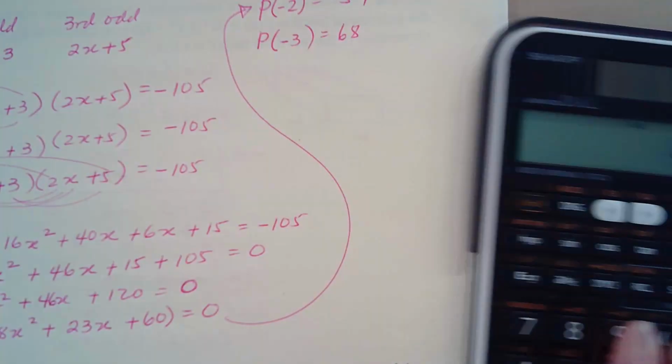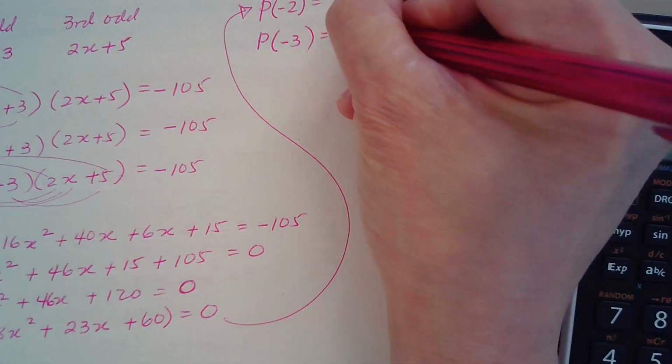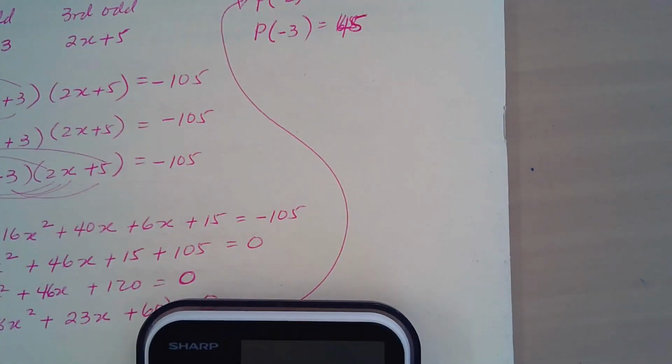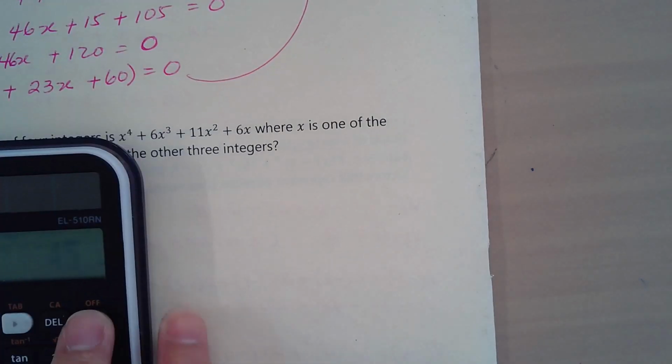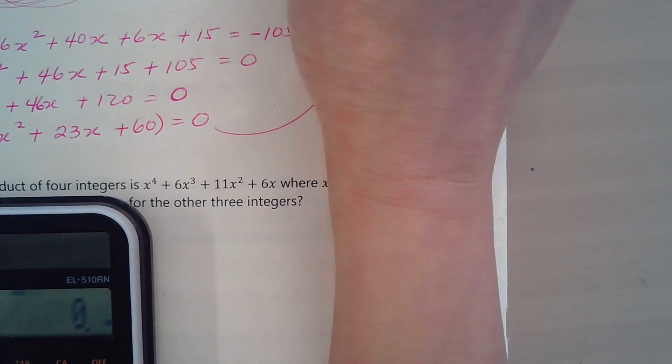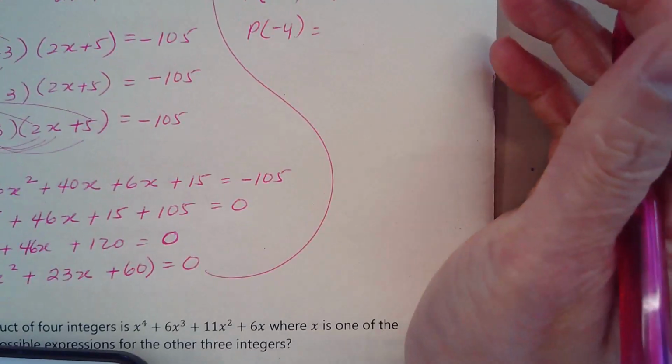Oh, I got 45. Should be 45. Did you try P of negative 4? Try negative 4.